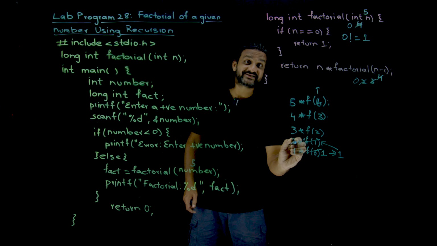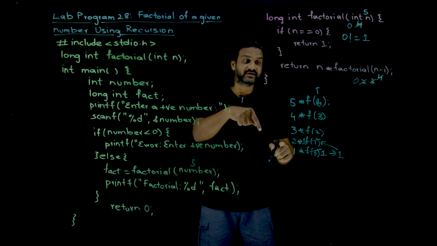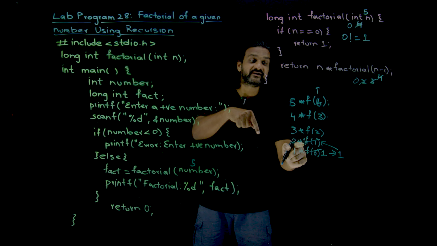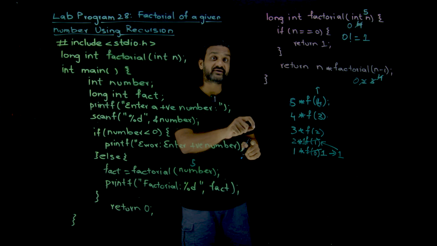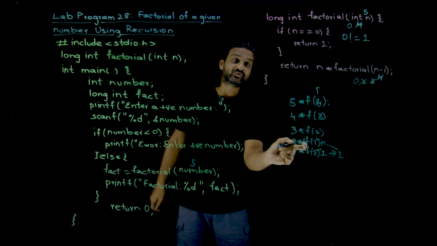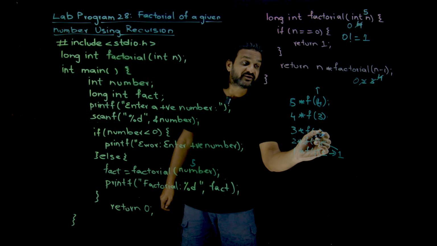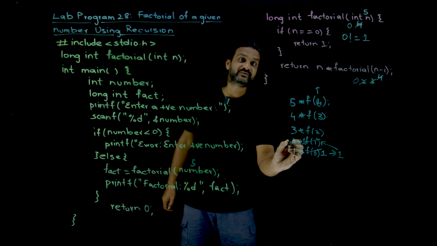Now the multiplication is done. Try to understand this. So 2 into 1 will be done, and to whom has this value to be returned? The calling function. So who generated this 2 into 1? The call 2 into f of 1 is generated by this f of 2. Now to this f of 2, this return value has to be returned.